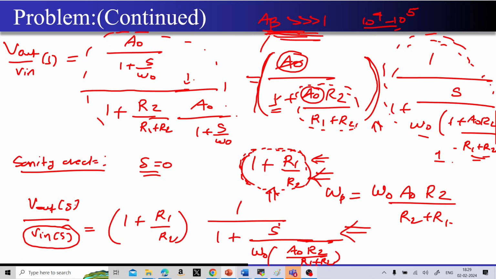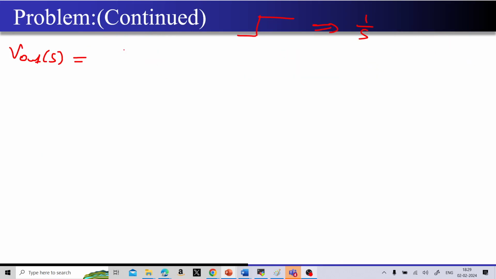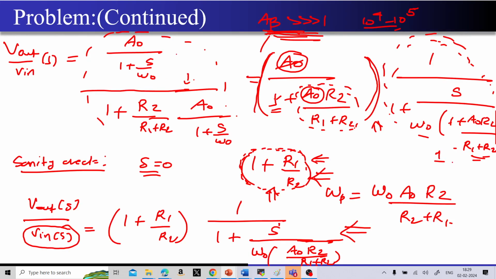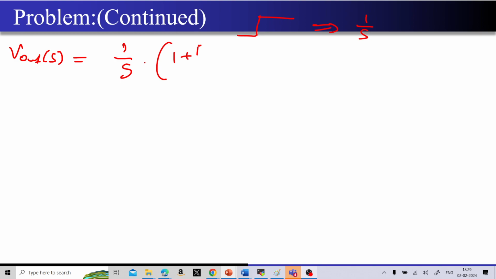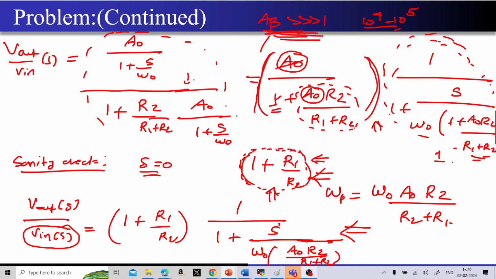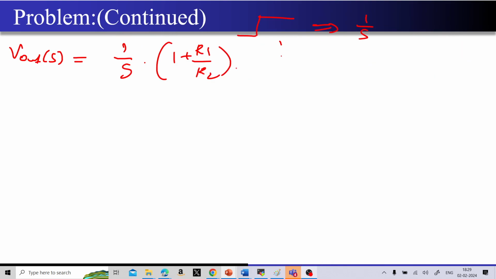So the additional 1 by S will be coming from V of S over here. So now 1 by S into 1 plus R1 by R2 into this factor over here, 1 upon 1 plus S by omega p.